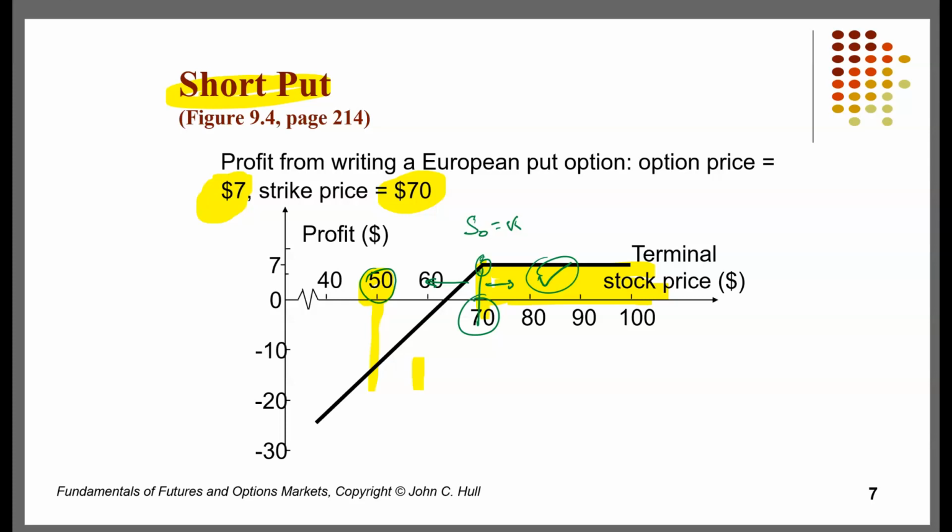So essentially, as the short put, we're going to buy at 70 where the price is actually 50. So we're paying $20 too much. But because we've received $7, the $7 is going to offset that, and then we're going to be at $13. So our loss here is going to be $13.